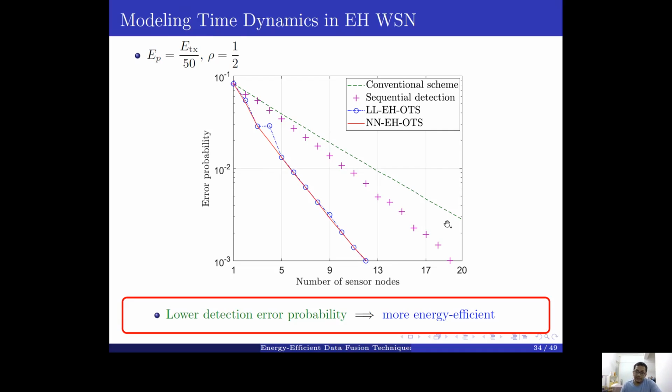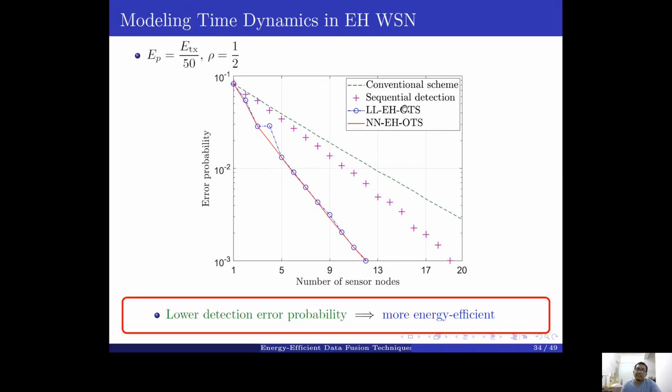In this case, error probability becomes the key measure of performance, because when you simulate the battery energy evolution, the smaller the number of transmissions, the more energy nodes can save, and this will effectively reduce the error probability.